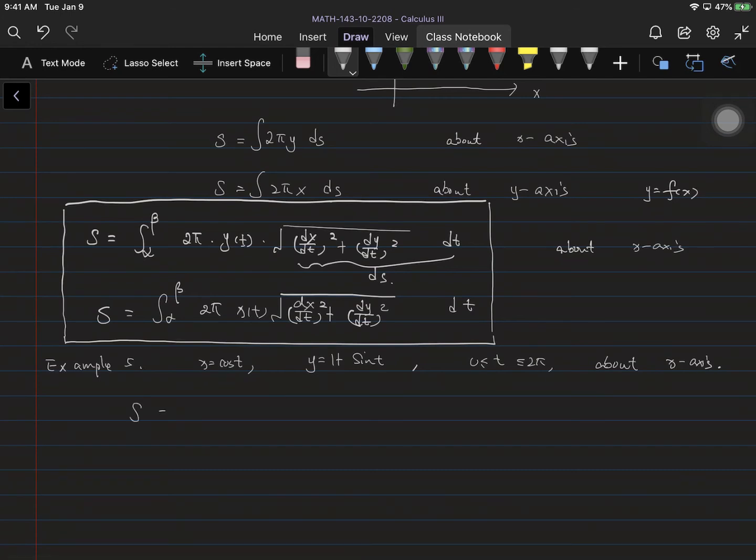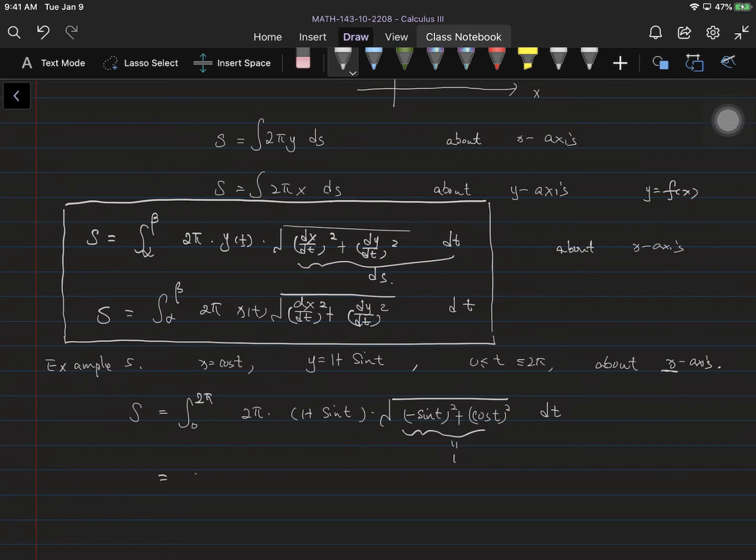By using the formula, alpha to beta is 0 to 2 pi, and here 2 pi about the x-axis, then we do y, so 1 plus sine t. And the square root of (dx/dt) squared, negative sine t squared, plus (dy/dt) squared, cosine t squared, dt. Same thing, this one equals 1 because of the identity.